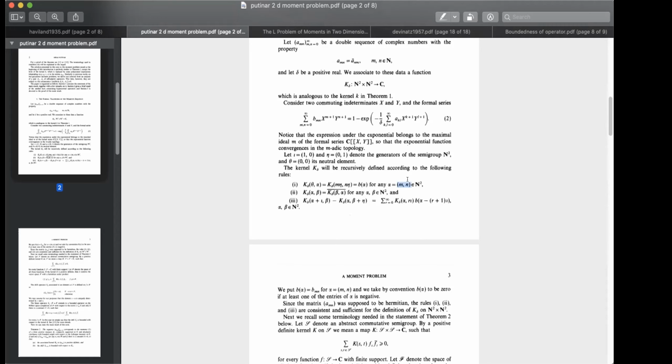I mean b. Oh, this guy. Yeah. B and m can be complex, right? Yeah, I think so. Then k is just something that acts on these mn pairs of indices and converts any pair of indices to some complex number.